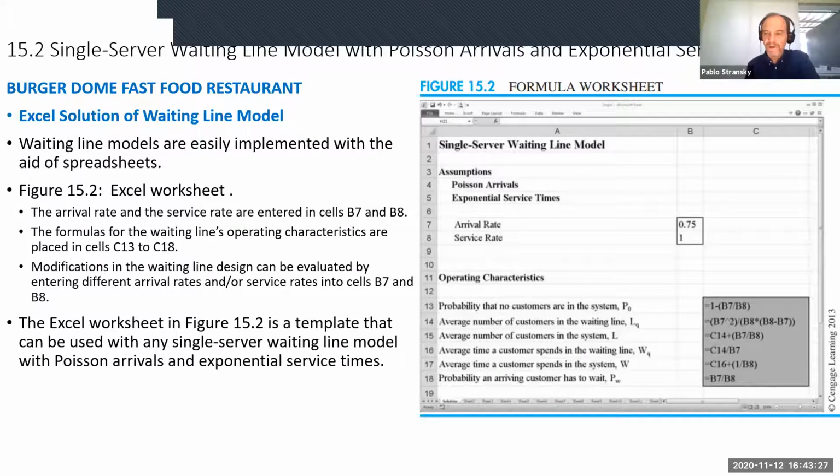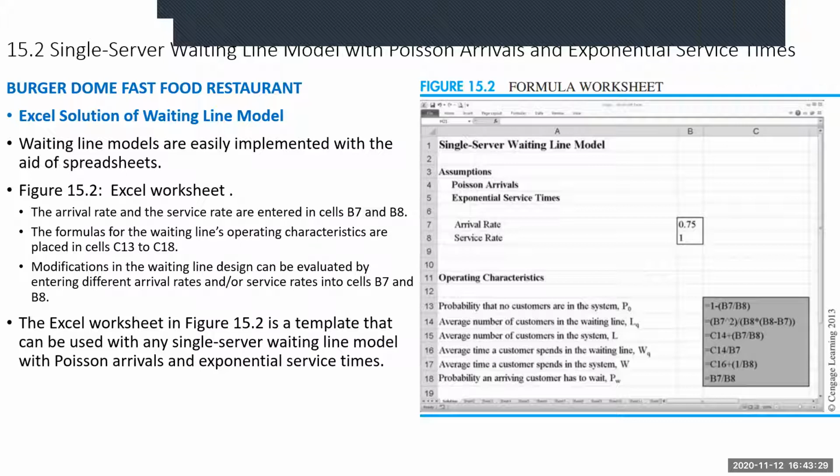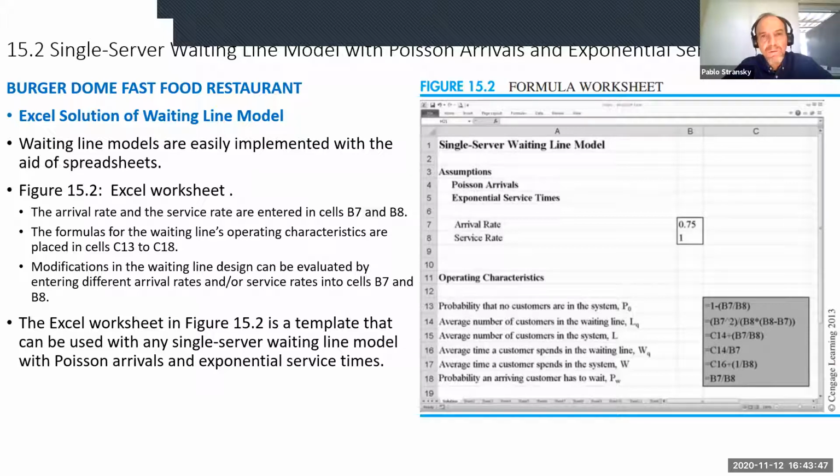Teacher, one question. Are we going to use Solver or something like that? Because if so, I have to change my computer. This Excel worksheet is going to be the base for your homework, so I highly recommend you change. What are you working with?